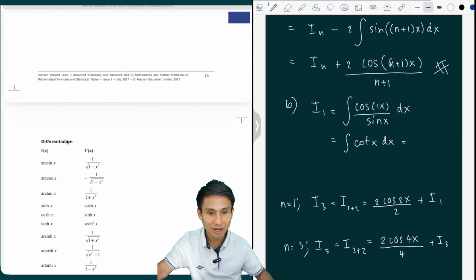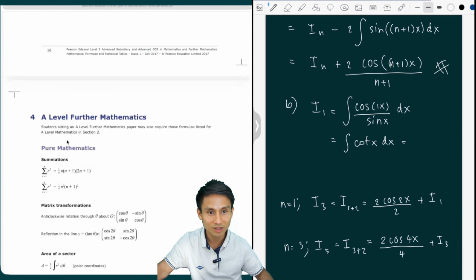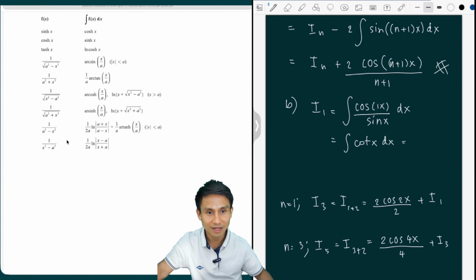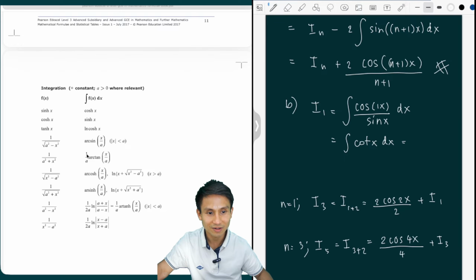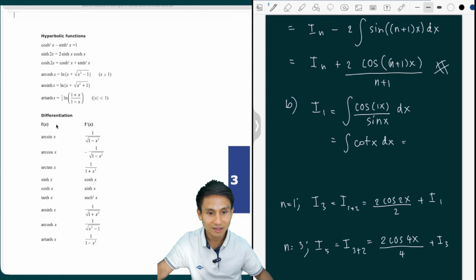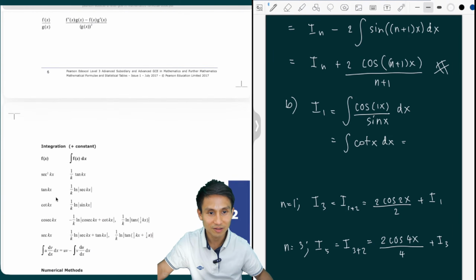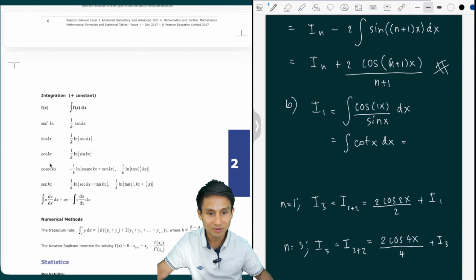I don't remember that either. So let's look at the pure math. I believe it's ln of sine or something. Integrate cot. This is further math. Yeah, here we go. Integrate cot, we get ln absolute sine. It's this guy here.